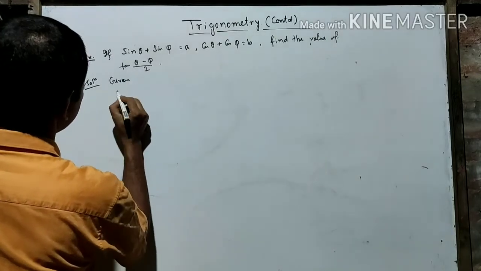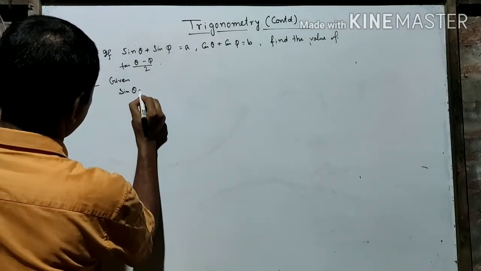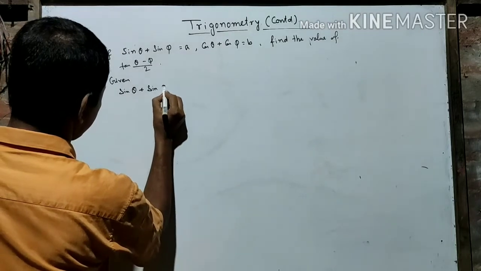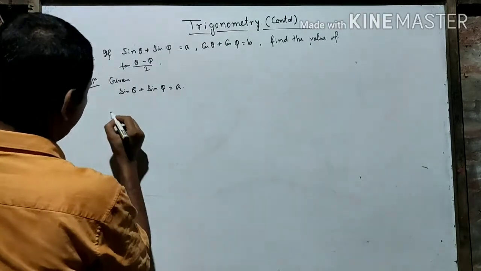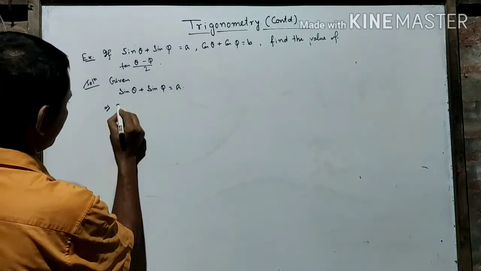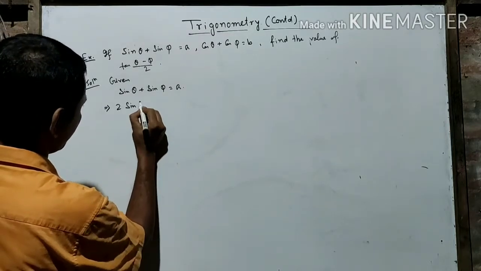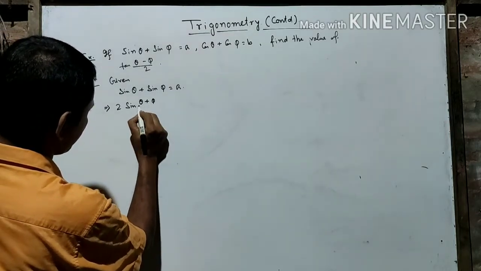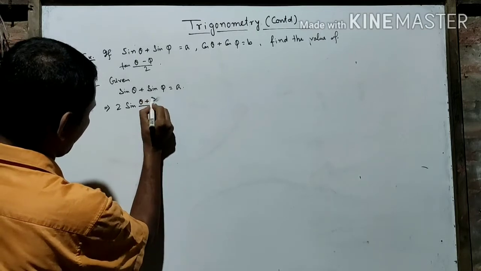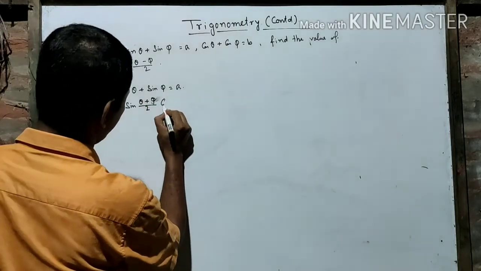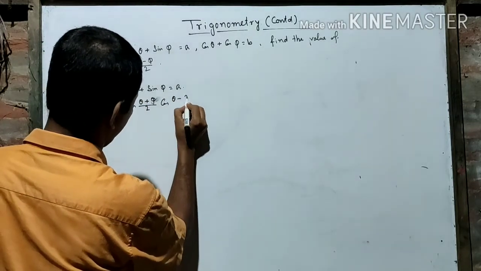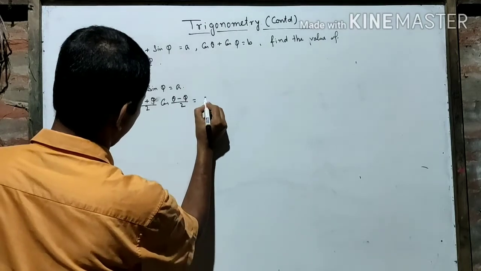Given sin theta plus sin phi is equal to a. This implies sin C plus sin D, which is 2 sin (theta plus phi) by 2 into cos (theta minus phi) by 2. How?